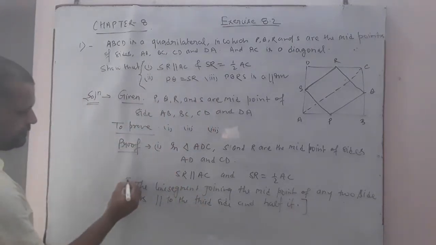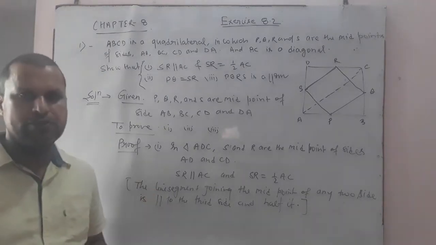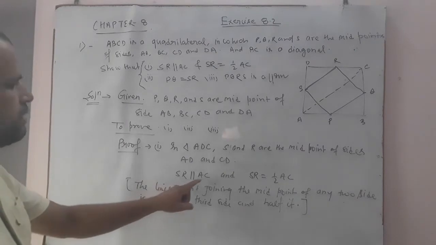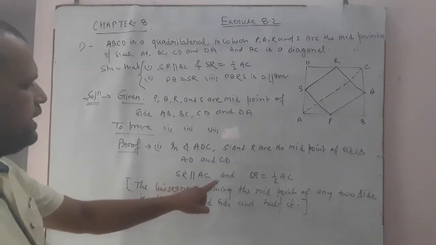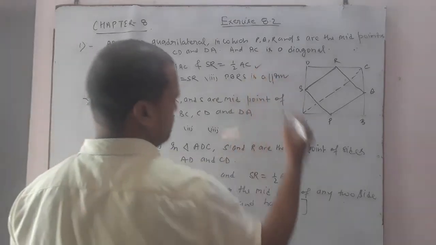This is the statement of the midpoint theorem. So according to this theorem, SR is parallel to AC and SR is equal to half of AC. First one proved.